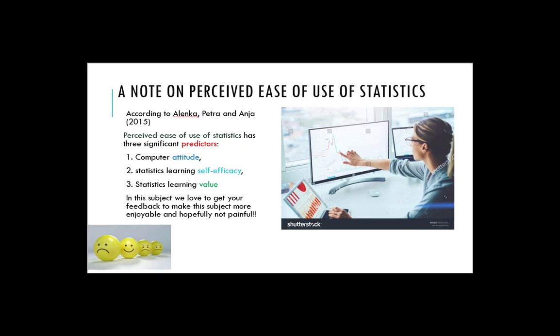Then fill that one in, because we know that perceived ease of use of statistics has three significant predictors: computer attitude, statistics learning self-efficacy, and statistics learning value. These predictor variables can predict how you feel about whether statistics is easy or not. So in this subject, we love to get your feedback to make this subject more enjoyable and hopefully not painful at all.